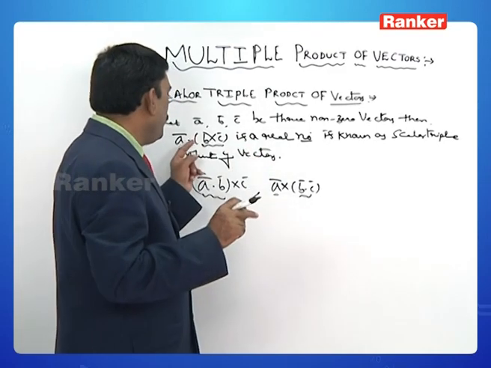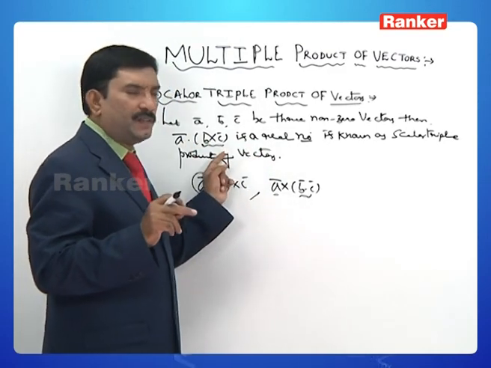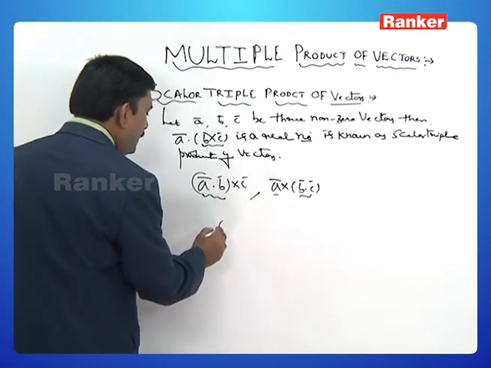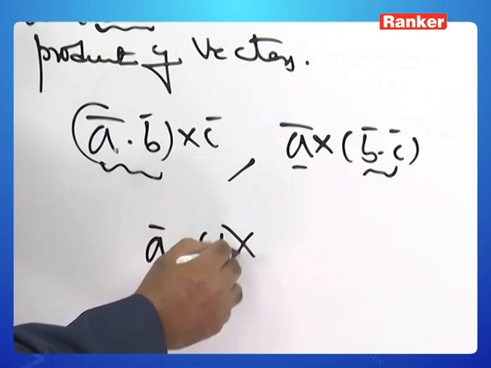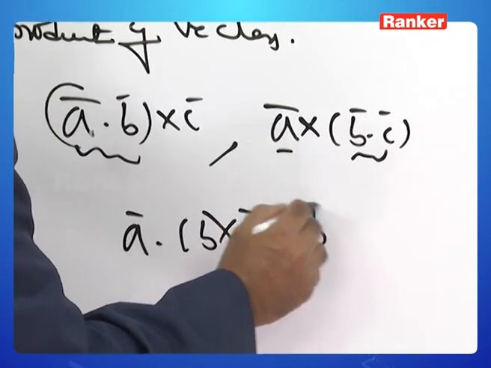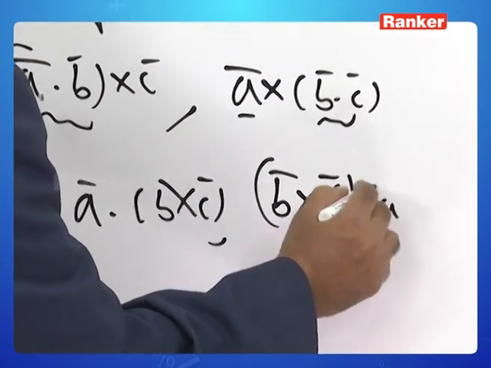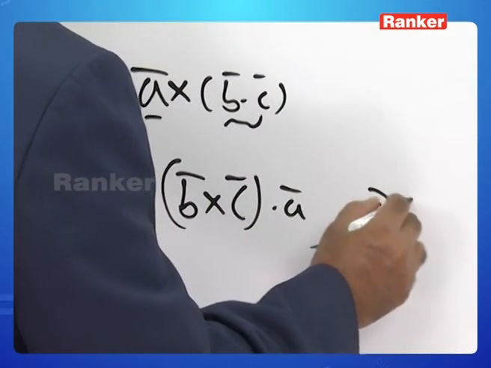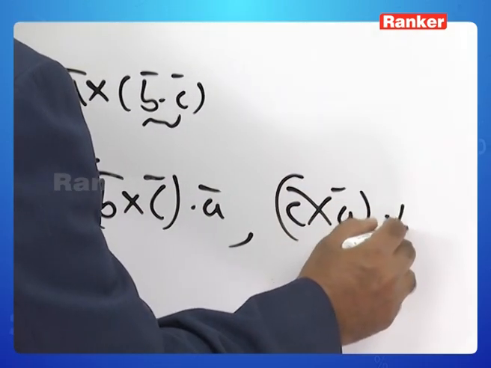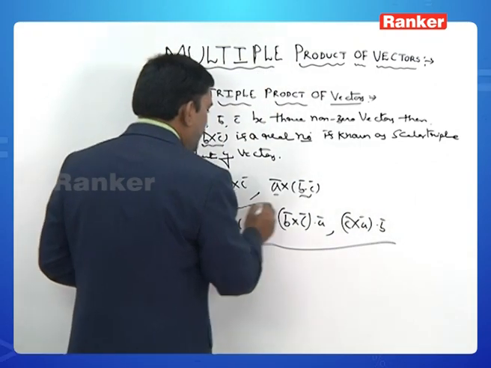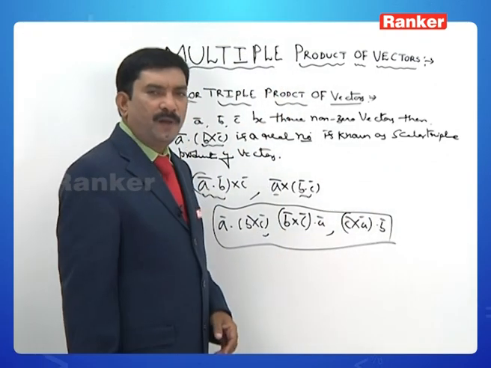But whenever A dot of B cross C, or B bar cross C bar dot A bar, or C bar cross A bar dot B bar, these are also known as scalar triple product.